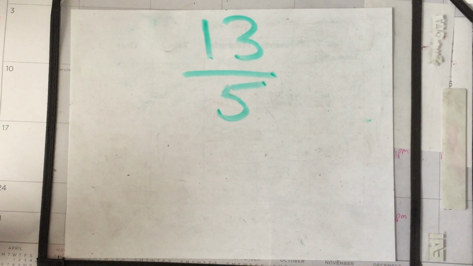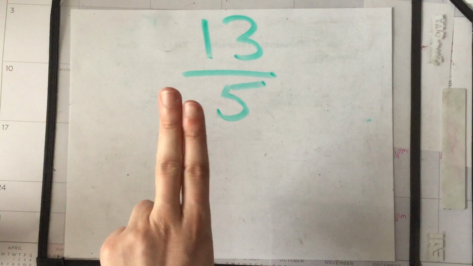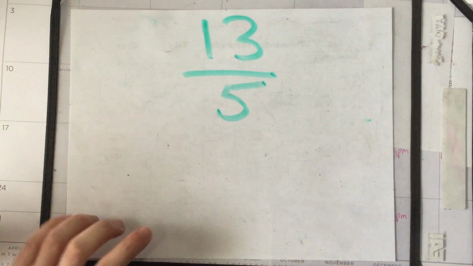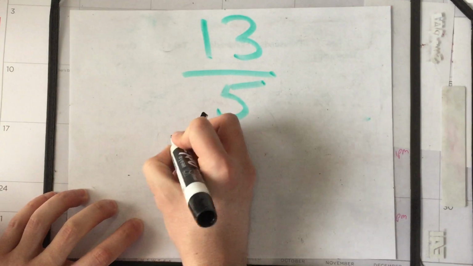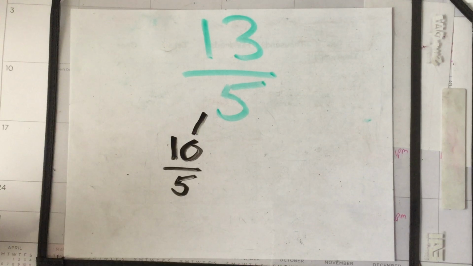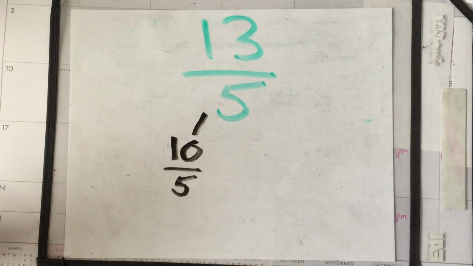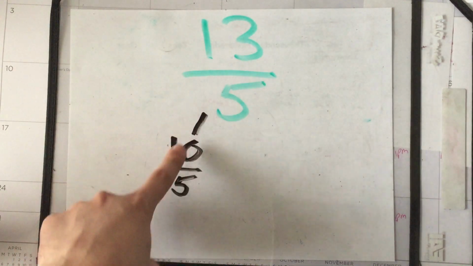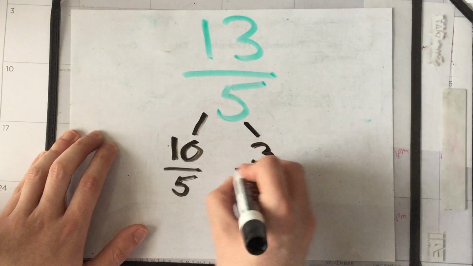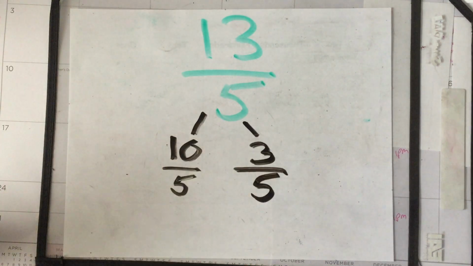We figured out that we could go at least 2 complete things. 5/5, 10/5. So I can take out 10/5 from this number bond. Now, if I took 10 out, 13 minus 10 means that I have 3/5 left.